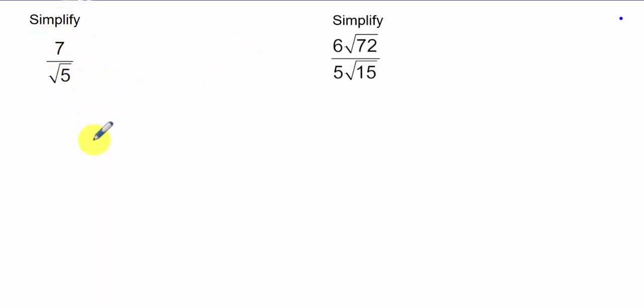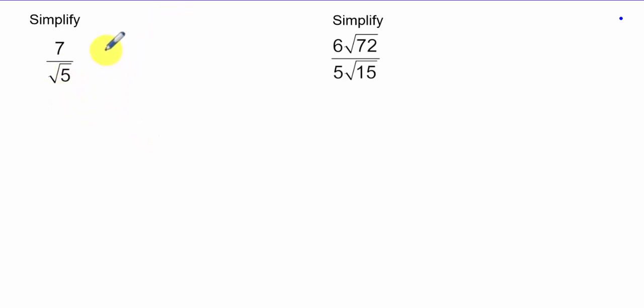Here's a little bit different take on a radical simplification. I've got an integer value here and then a radical value here. Way back in the day, some mathematician decided we would not be looking at radicals in the denominator of a fraction. That wasn't good enough, so we have to simplify it.